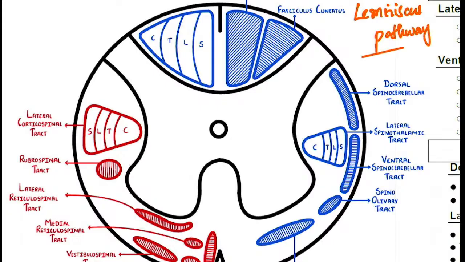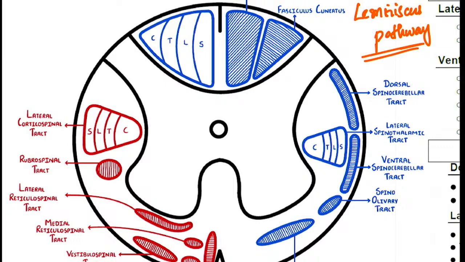They are concerned with discriminative touch, that is two-point discrimination, as well as proprioception, that is knowing the position of the body. Many receptors help them: the Meissner's corpuscle, which we mentioned yesterday, the Merkel's disc, the Pacinian corpuscle, the Ruffini's corpuscle, as well as the peritrichial nerve endings.